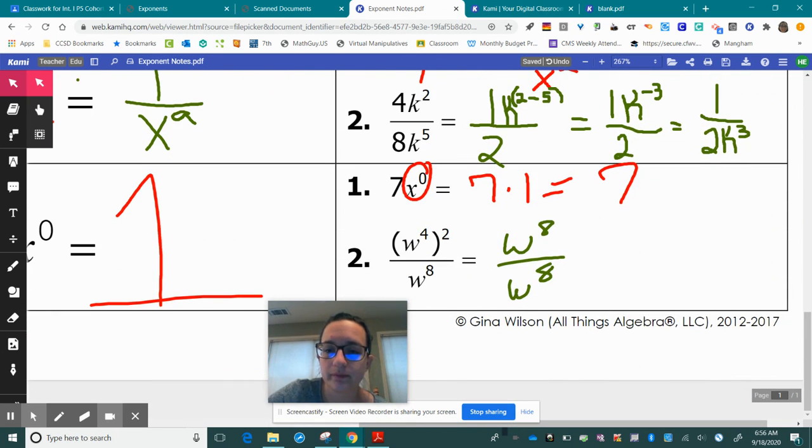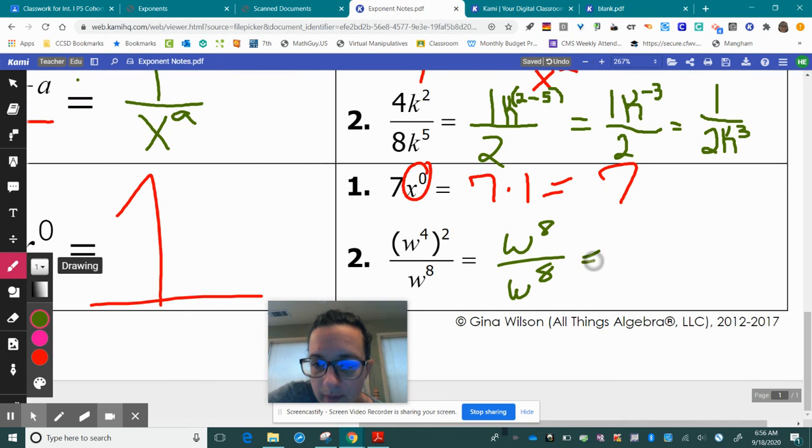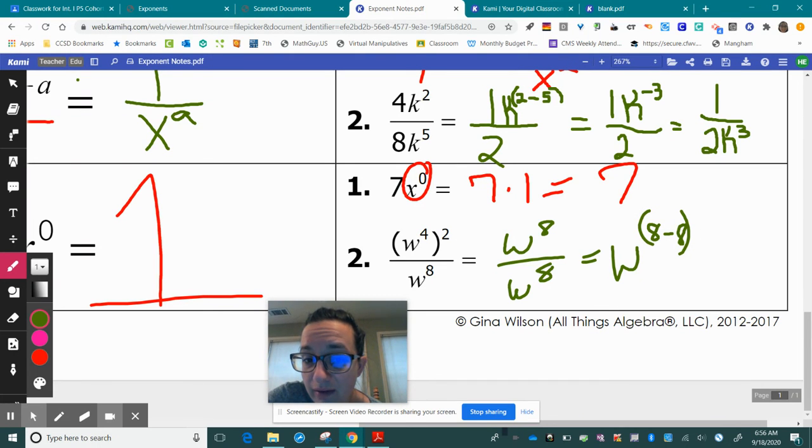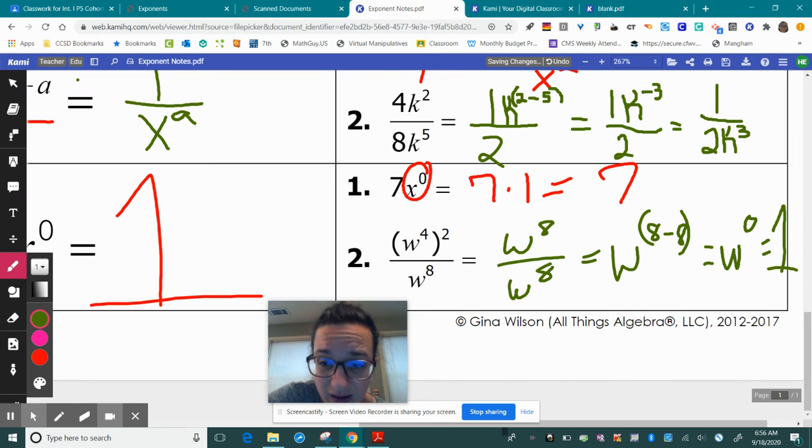So we can take that w and have it as 8 minus 8. Seeing where I'm going here. So this w to the 8 minus 8 is w to the 0. Anything to the 0 power is 1. It's 1. Just like some of you knew back here, w to the 8th power divided by w to the 8th power gives us 1. However you want to get there, your choice.